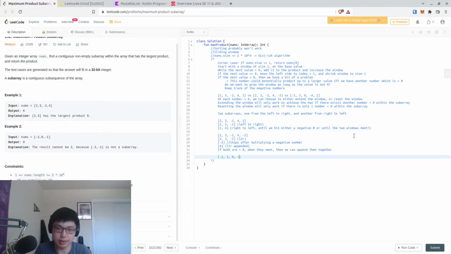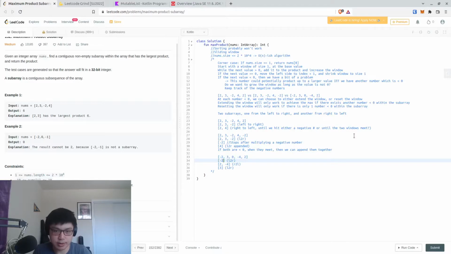2, 3, 0, negative 4, 2. This goes negative 2. This is left to right. Then this goes 2, negative 4, right to left. Then this goes to 3, left to right.